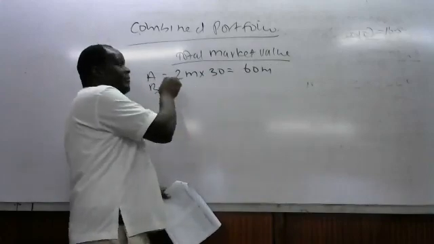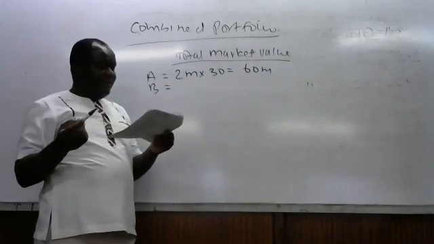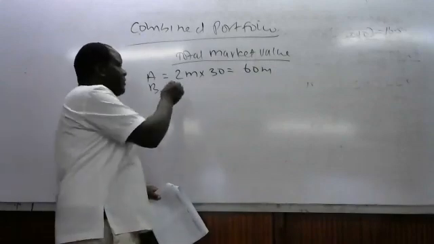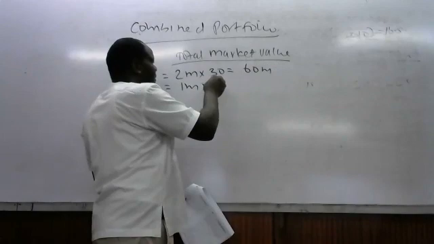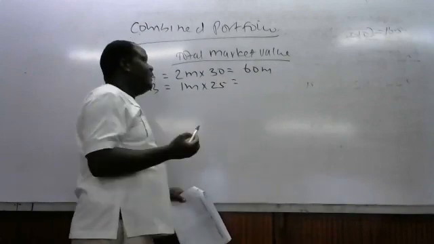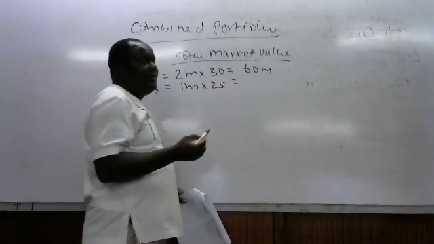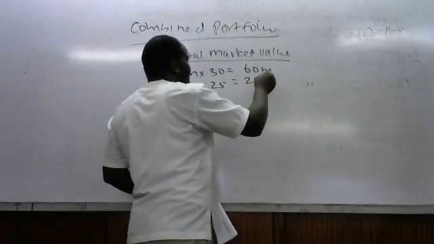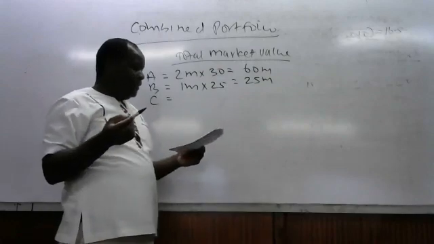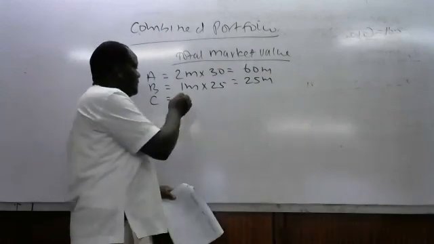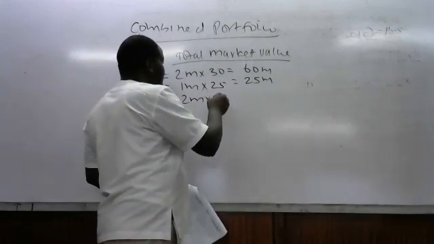Then B, you know how many shares? 1 million. So you take 1 million, also multiply by 25. So that will just remain 25 million. Then we go to C. So C, it is 2 million multiplied by 20.